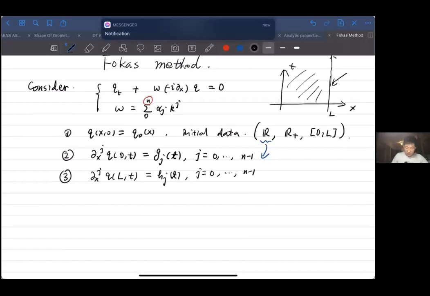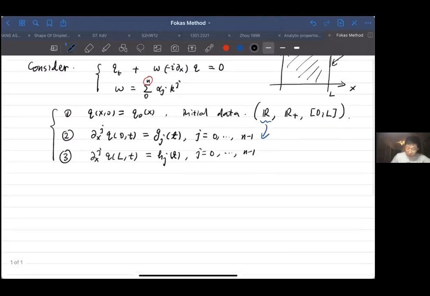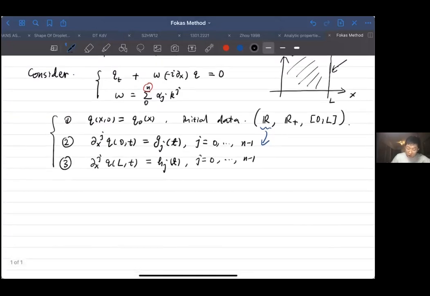And so this is a general concept about the initial boundary value problem. Now we are going to solve those problems by examples.